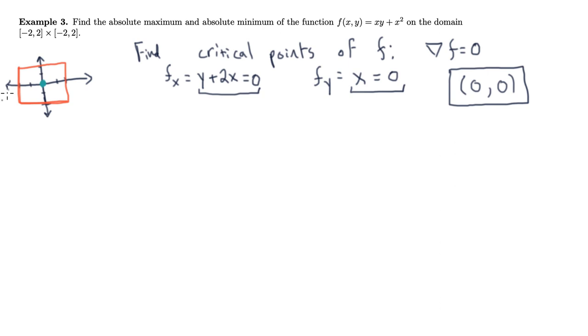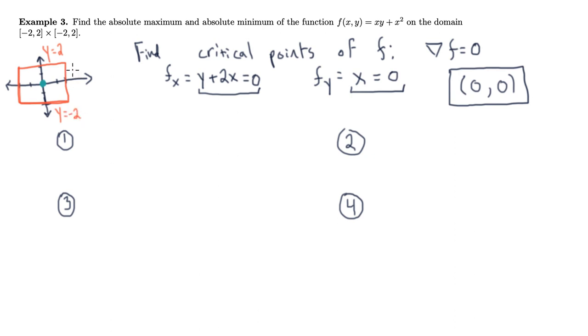So now we need to actually look at 4 different regions. So we'll just kind of section them off here. Okay, so what are these 4 regions? Up here, we have y equals 2. Down here we have y equals -2.